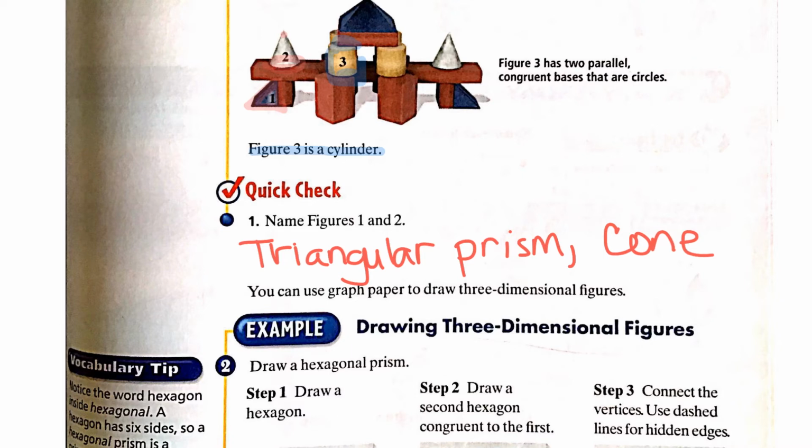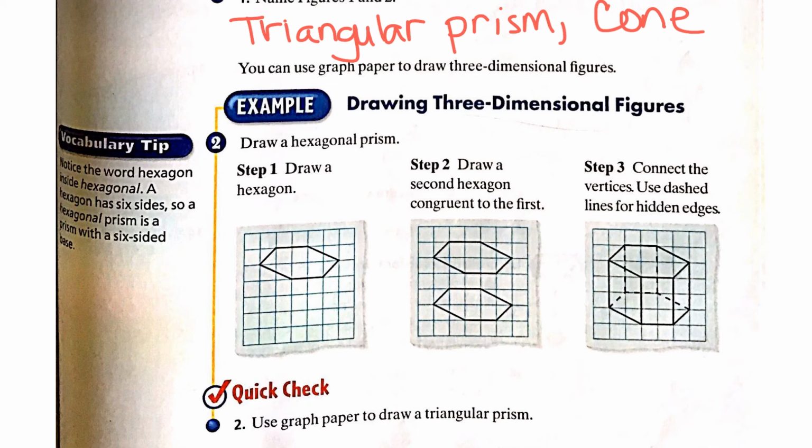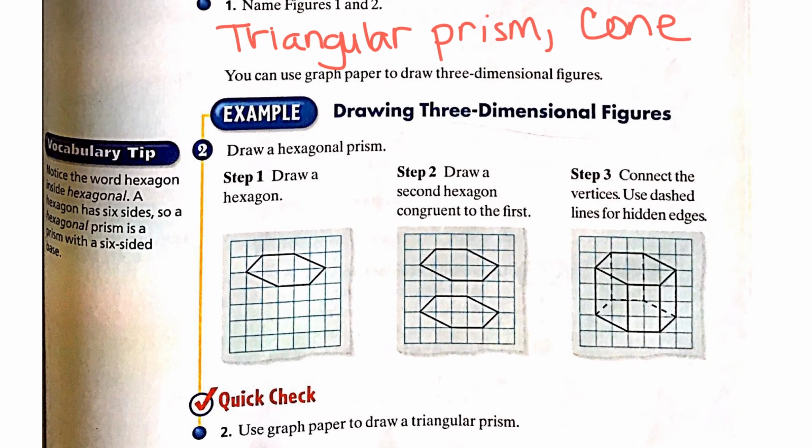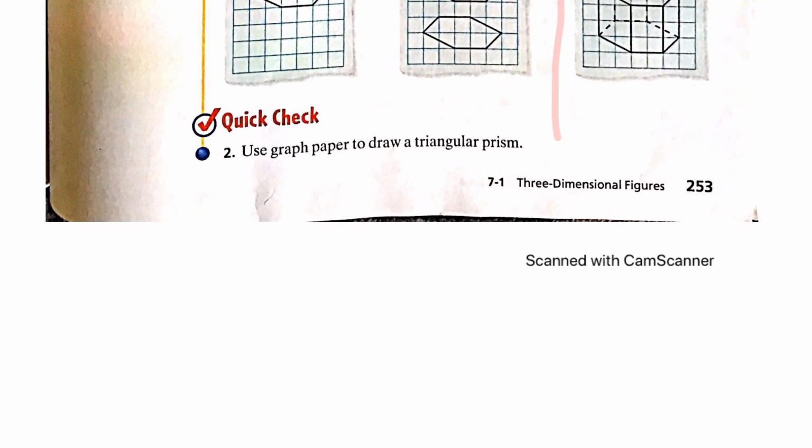Okay, so you can use graph paper to draw three-dimensional figures. Let's move this up. So draw a hexagonal prism. First you draw a hexagon, draw a second hexagon, and then connect them with all of their sides. So then it wants you to use graph paper to draw a triangular prism.